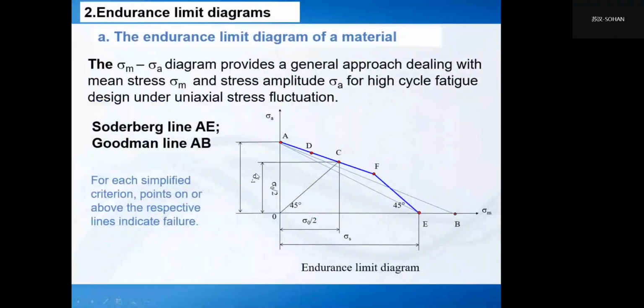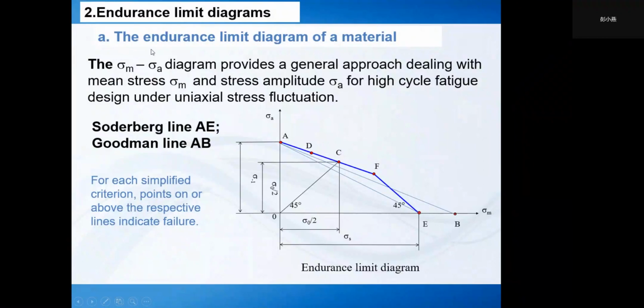Below I have the stress life curve, or the S-N curve. It represents the endurance stress of materials at different numbers of cycles under the same stress ratio.